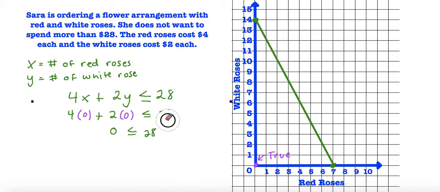So we're just going to pick another coordinate on the opposite side of the line just to make sure. So we could pick any coordinate on this other side. I'm just going to pick 9, 0. So our x value is 9 and our y value is 0.